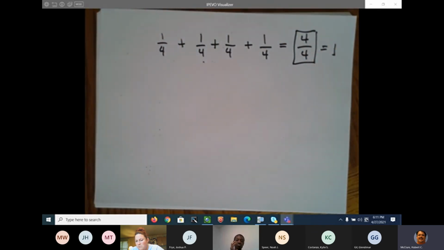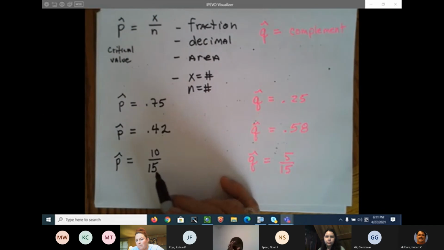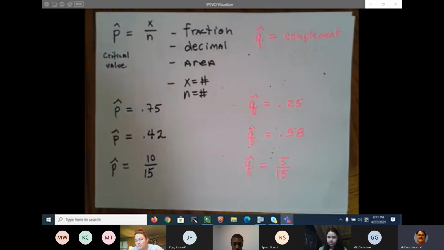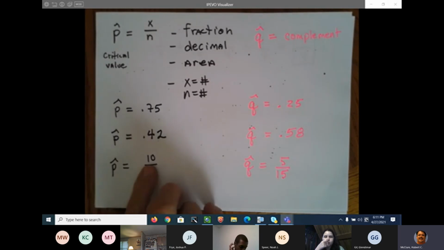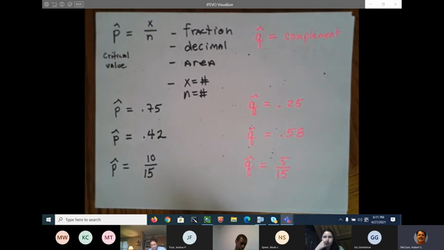So if you go back and you look here, what's the denominator? 15. So the numerator has to equal what? 15. So if this is 10, what is this? 5. What's 10 plus 5? 15. What's 15 over 15? 1.